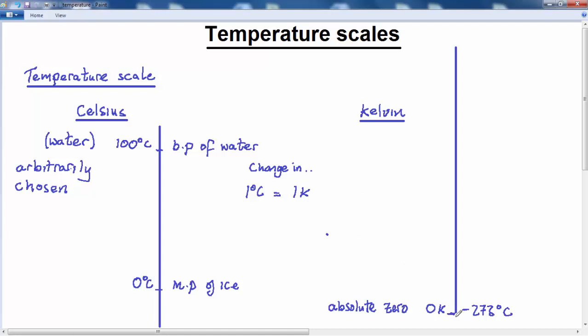So if absolute 0 occurs at minus 273 degrees Celsius, then clearly the melting point of ice will occur at 273 Kelvin, and the boiling point of water at 373 Kelvin.